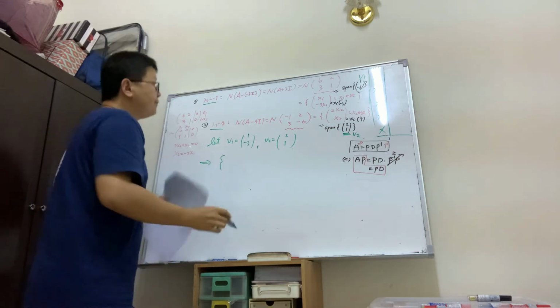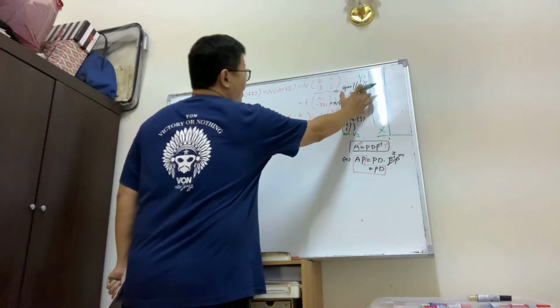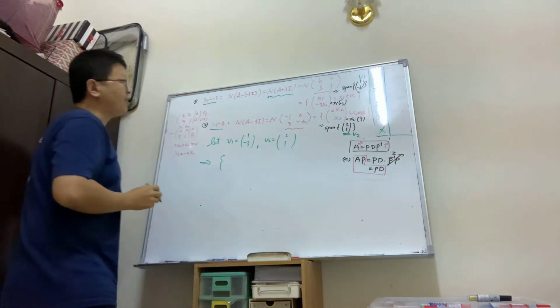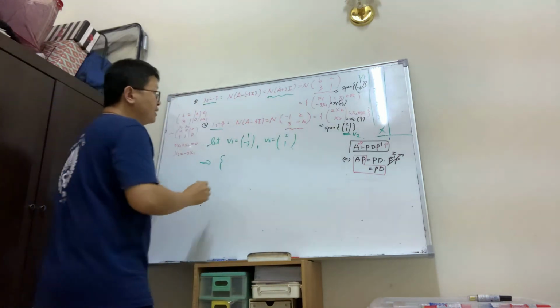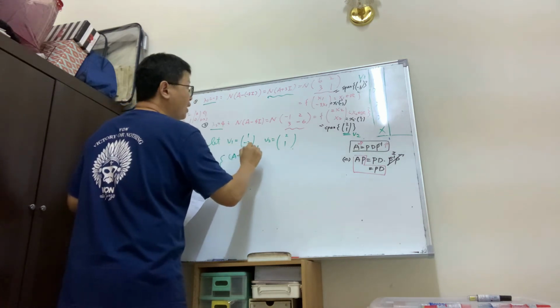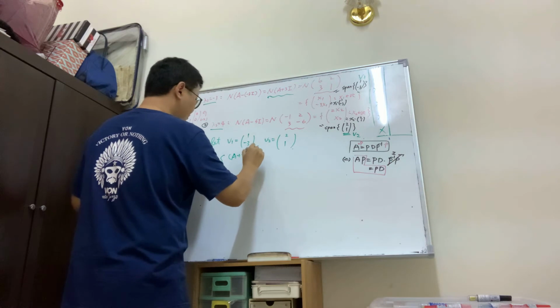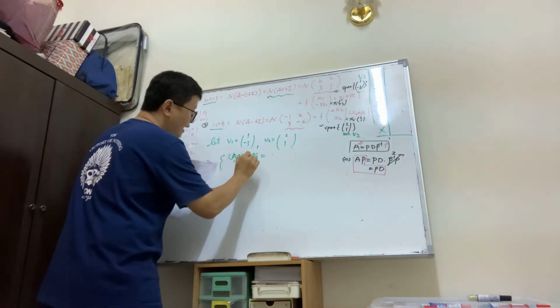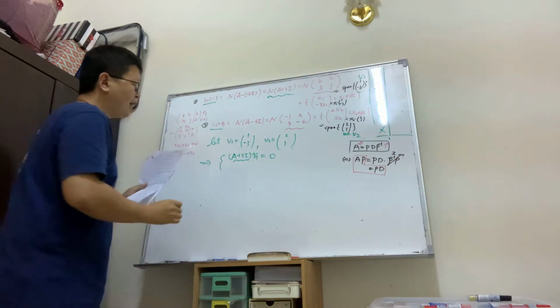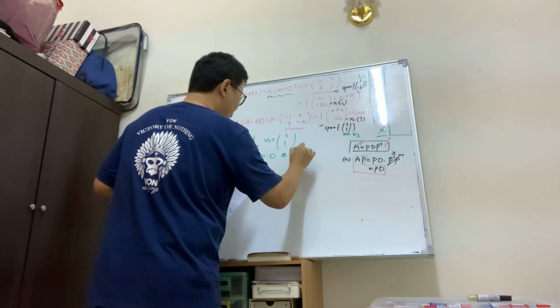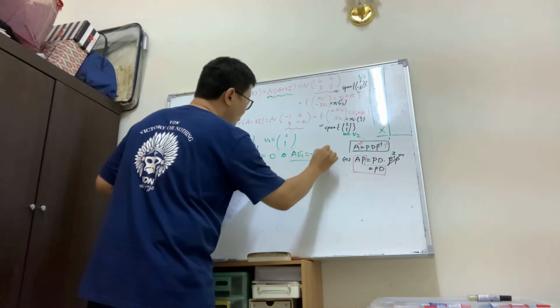We know that this vector V1 belongs to the null space of A plus 3I, right? So what does it mean? It means that A plus 3I times V1 is equal to 0, and it means that AV1 equals negative 3V1.